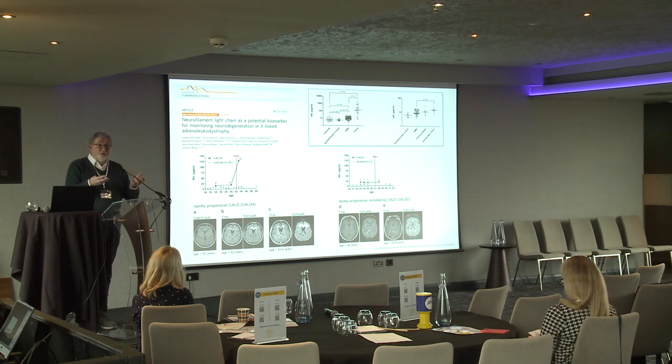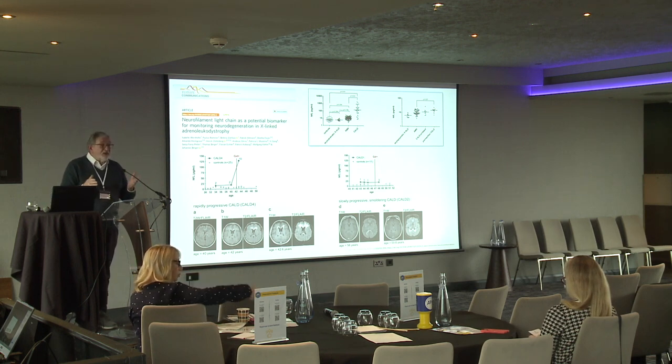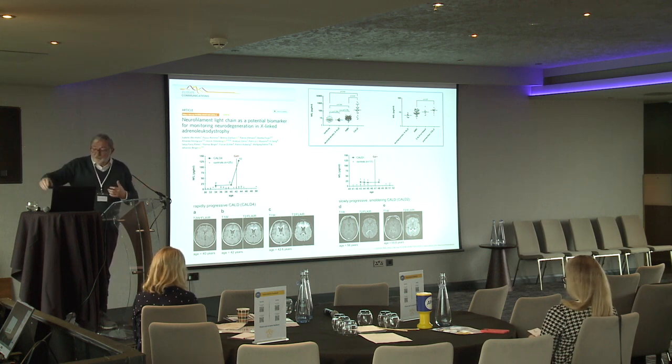Both of these patients have cerebral involvement, but one patient is very slowly progressing, the other is very quickly progressing. And this is important for our treatment decisions, of course. As you may know, the patient with a rapidly progressive disease needs a completely different treatment strategy than the one who has very slow progression.